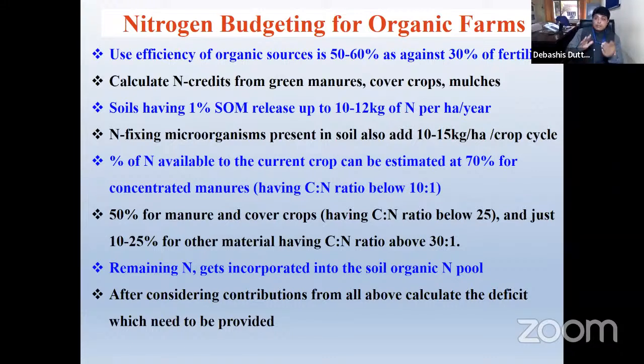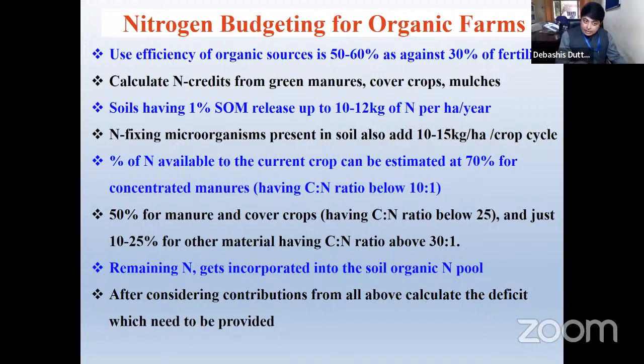But this factor is not considered in chemical agriculture, because we directly apply urea, potassium, and phosphate through different chemical fertilizers.